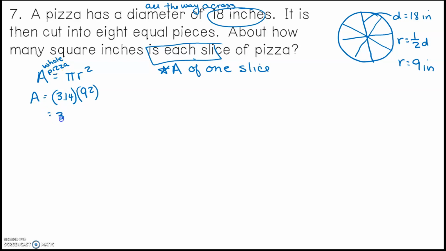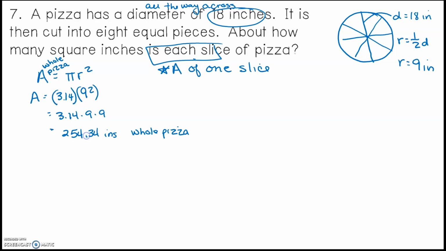So then I just need to take my calculator and do the math. Remember, this is 9 times 9. So 9 times 9 times 3.14 is going to be about 254.34 inches squared. But this is the area of the whole pizza. Remember, our ultimate goal is to find the area of one slice of the pizza.